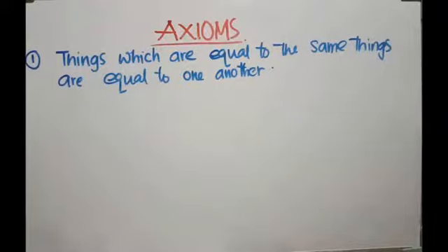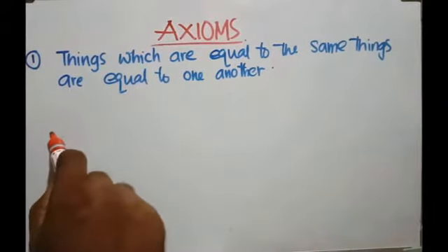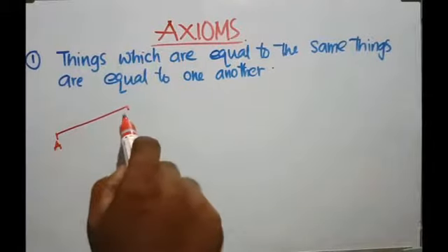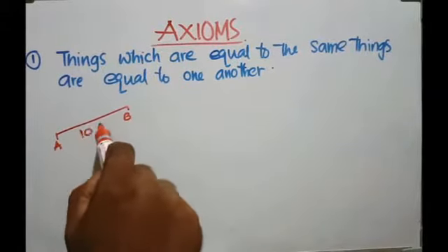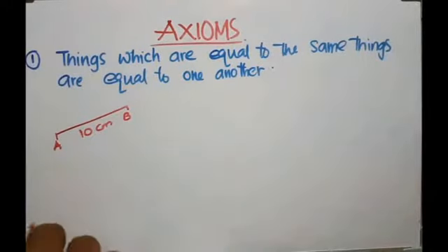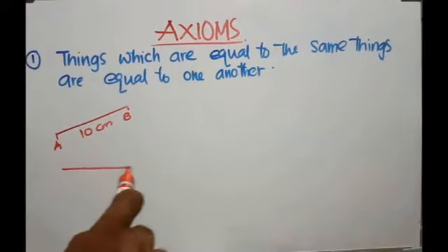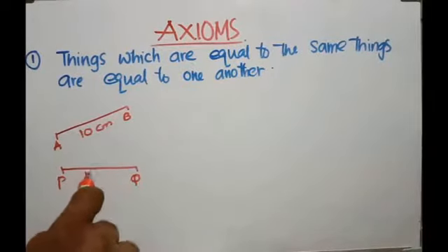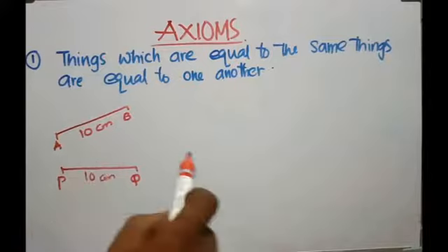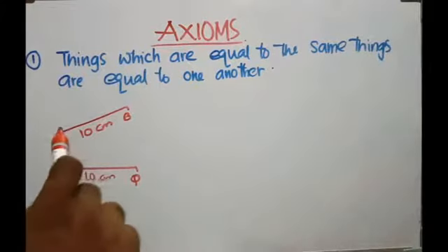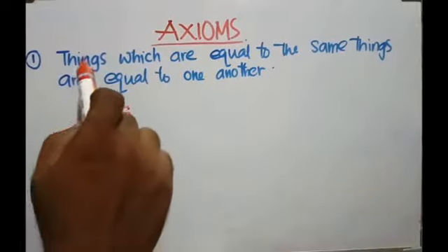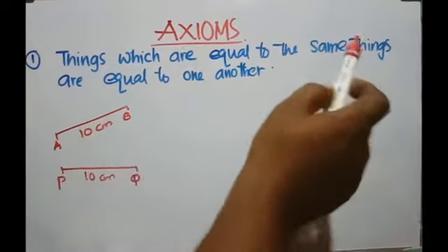Let's take one example, starting from geometry itself. Let's take a line segment AB which is 10 centimeter. Let's take another line segment PQ which is also 10 centimeter. So these two things are equal to 10 centimeter. That is meant by things which are equal to the same things.